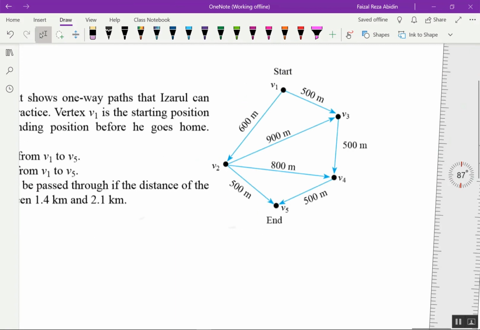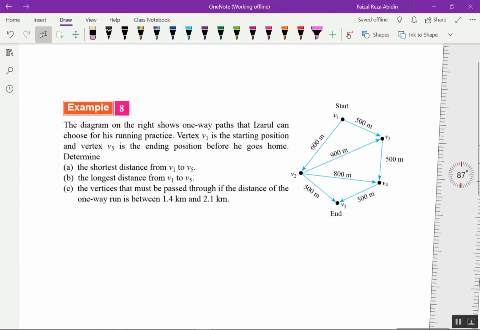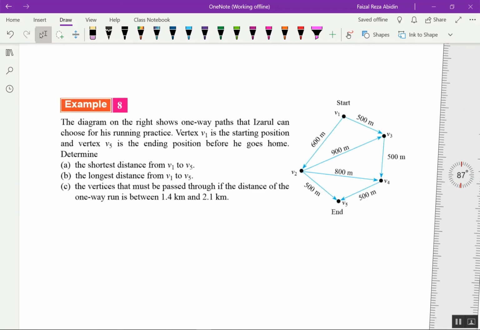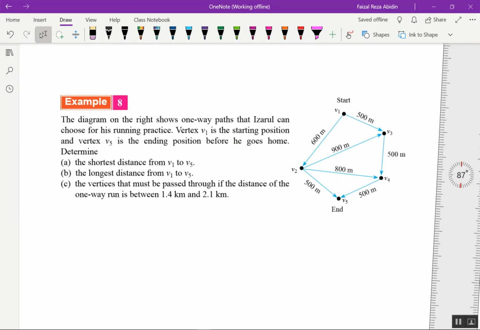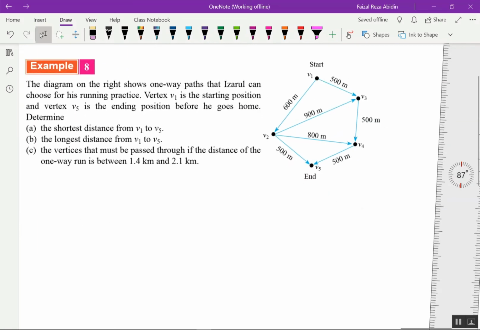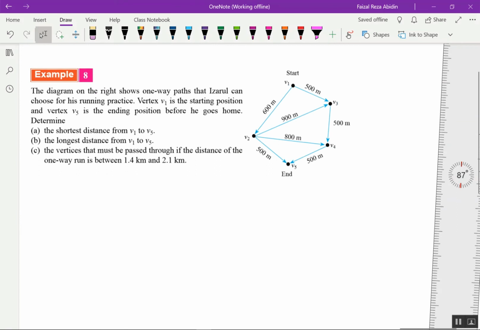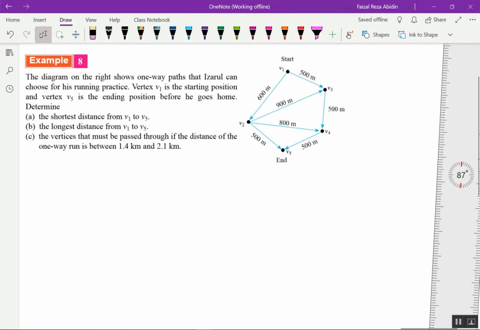Okay, this one is directed weighted graph. Yeah, because given there the arrow, right? Okay. Now, the diagram on the right shows one-way path that Izarul can choose for his running practice. Okay. During PKP, no. Cannot run. Cannot jogging also. Okay, vertex V1. Okay, where is our V1? Okay, there is the starting position.